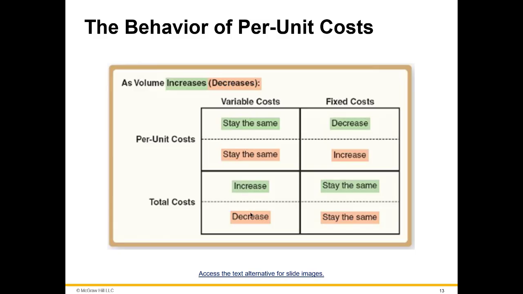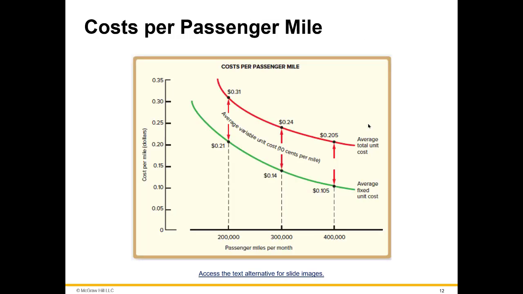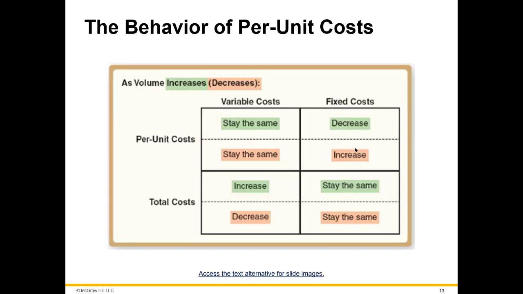All right, now let's see how that differs with respect to fixed cost. Per unit, if volume increases, that will decrease. We saw that on here, right? We saw that that would decrease. But per unit, if the volume decreases, then the cost per unit is going to increase.